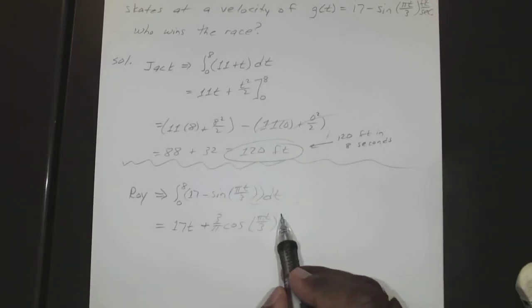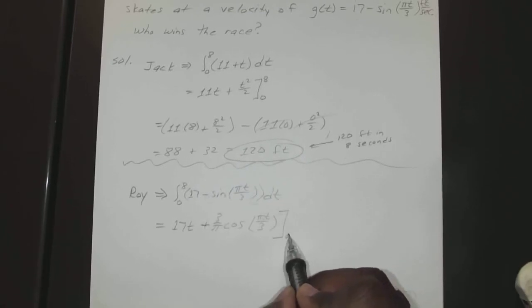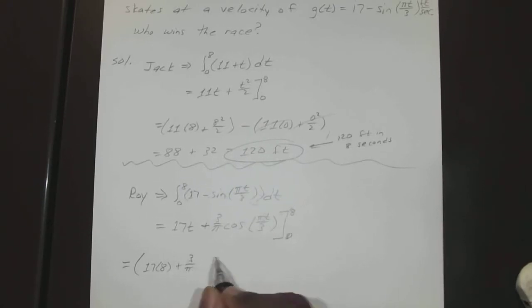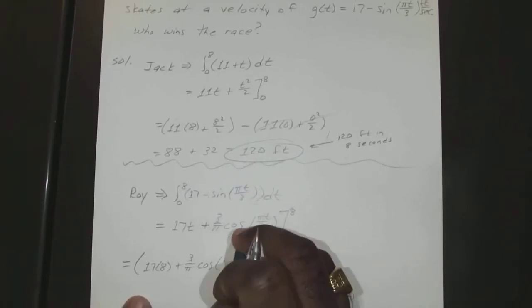All right, and that's from 0 to 8. Okay, so if we plug in our 8, we have 17 times 8 plus 3 over pi times cosine of 8 pi over 3.